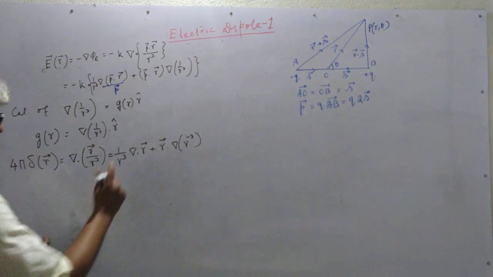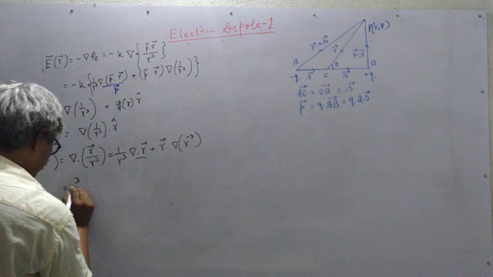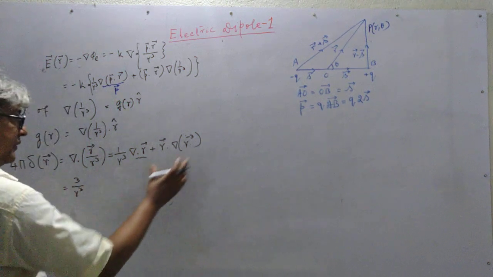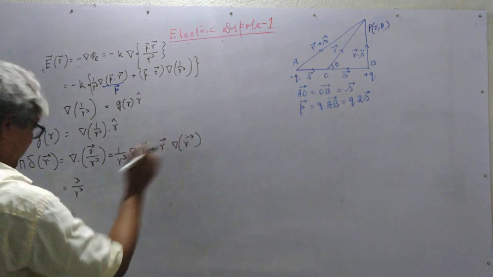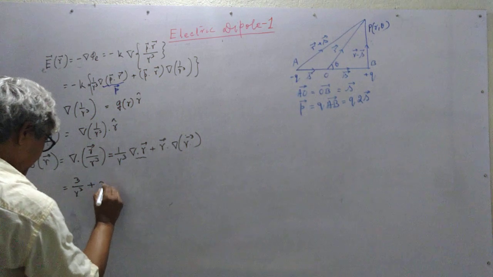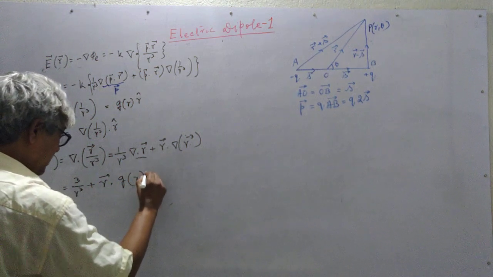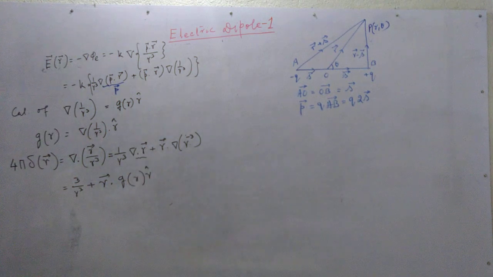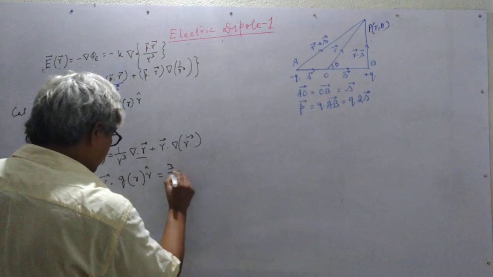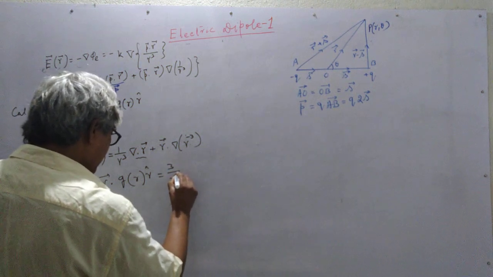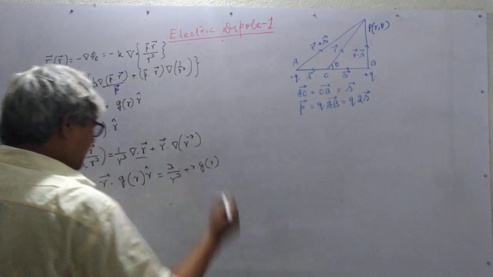Now this term is 3, so this is 3 upon r cube. And this term, as per our definition, is g of r. So this is equal to 3 by r cube plus r times g of r.